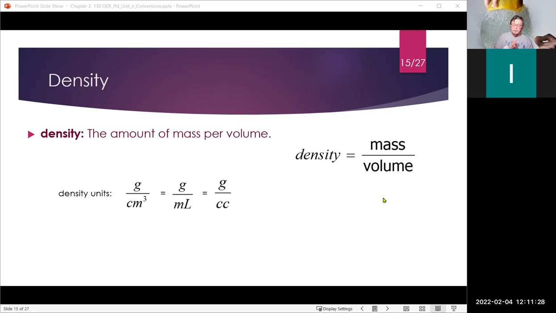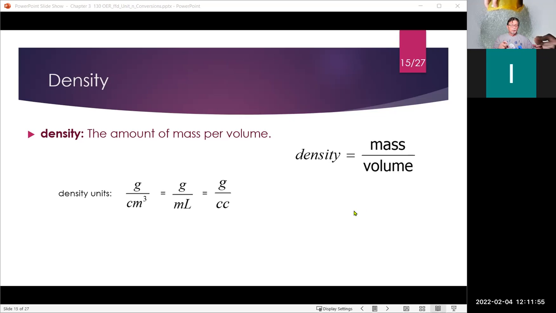In general, the most common unit utilized is the one in the center here, where we have grams per milliliter, okay? But you'll see things like kilograms per cubic meter, okay? So those are simply the density units, and it is a ratio.